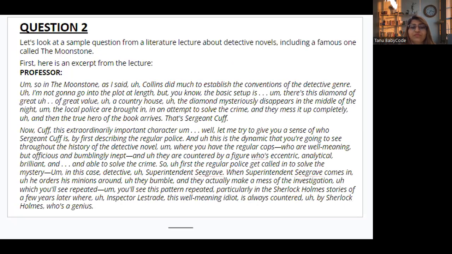Let's look at the second one. Again, look at the sample question from a literature lecture about detective novels, including a famous one called The Moonstone. So this is a transcript.